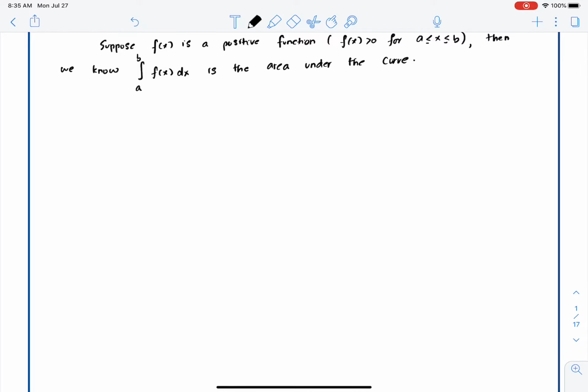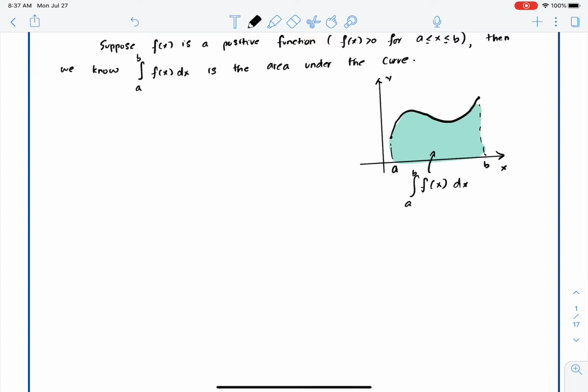So, for instance, if I pick a and b, then the area under the curve, which would be all of this, all of it here, would form the integral from a to b of f of x dx. That's great. Now I'm going to copy this.